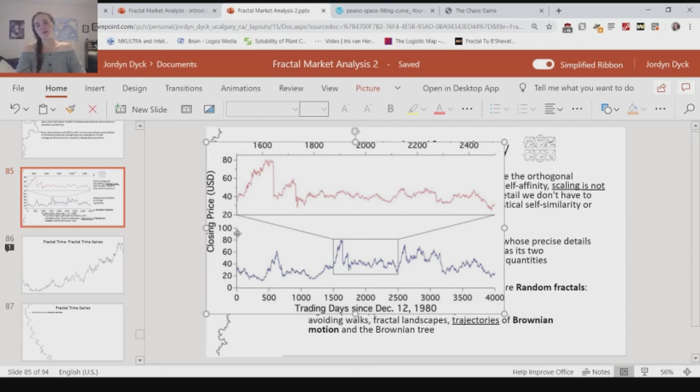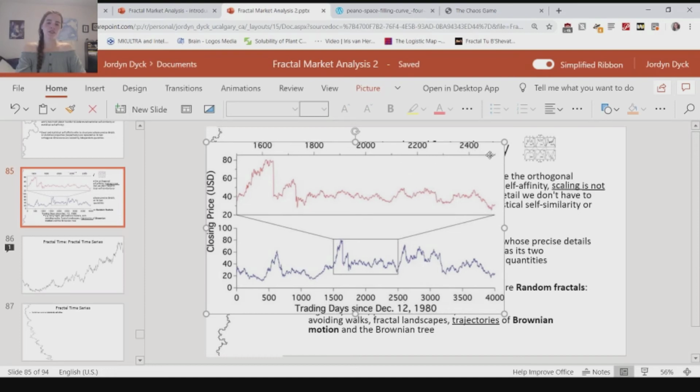And then we have our price. So this is our measurement on the vertical axis here. This is our original trace in the blue. And then when we look at a portion of this trace up here, we can see that we've zoomed in now. So between 1,500 and 2,500 is right here.